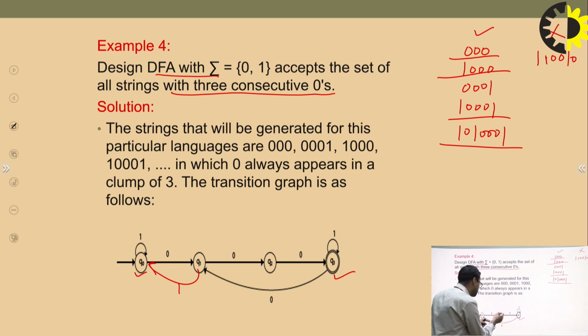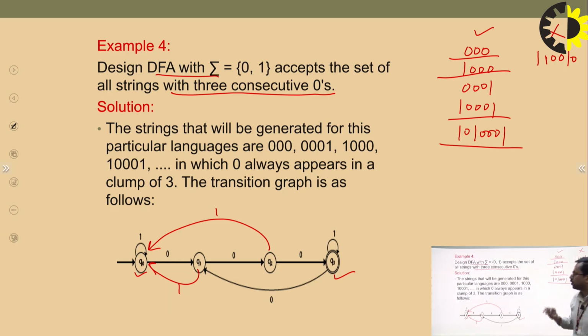But if 1 is applied at this state, we switch to Q0, the initial condition. So we use the 1 here. So it is the perfect DFA model for this particular language that contains 3 consecutive zeros.